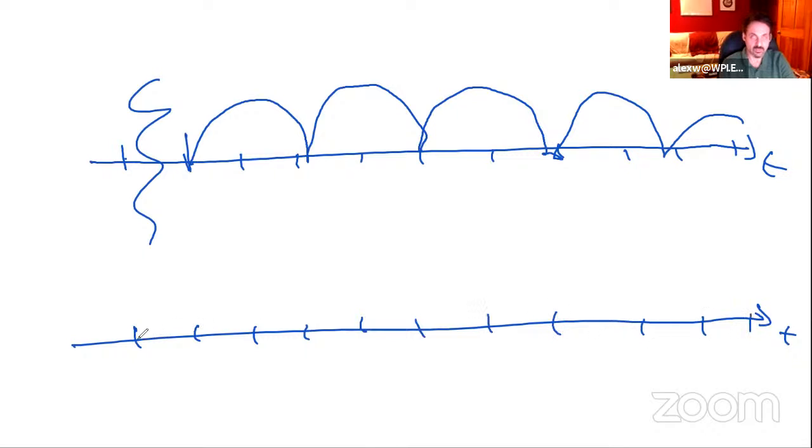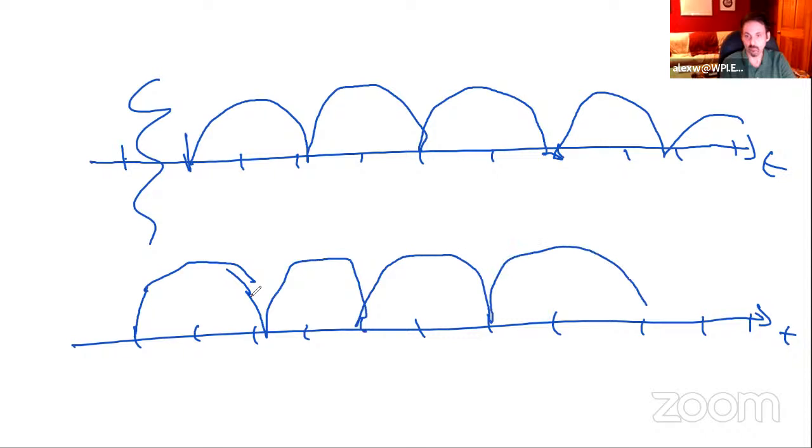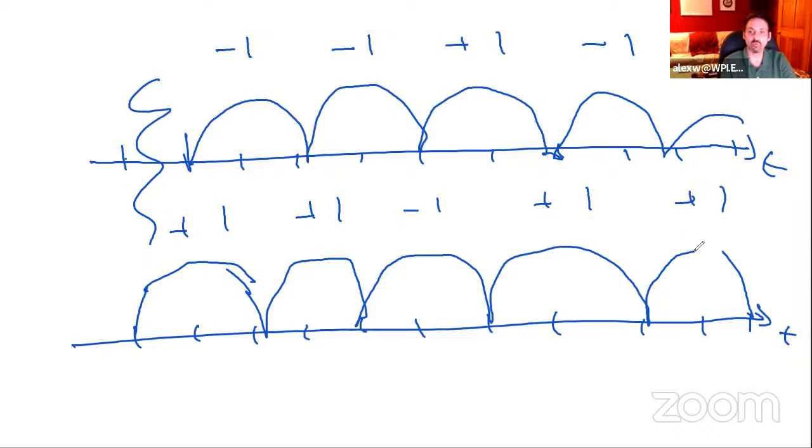And here, the sine. And then multiply by -1, -1, +1, -1, -1. Here, +1, +1, -1, +1, +1. Correct. So what does this look like?